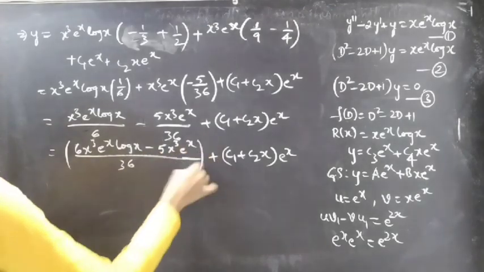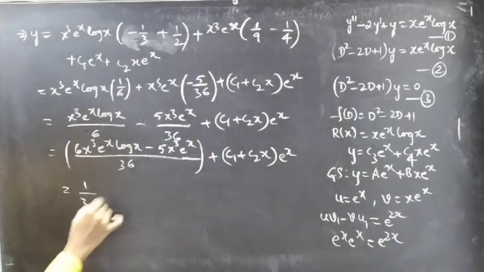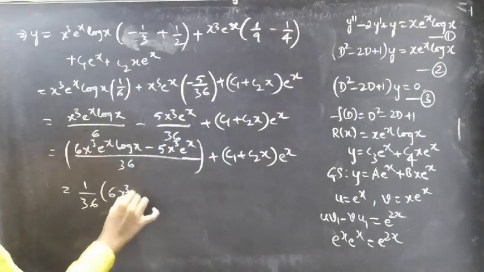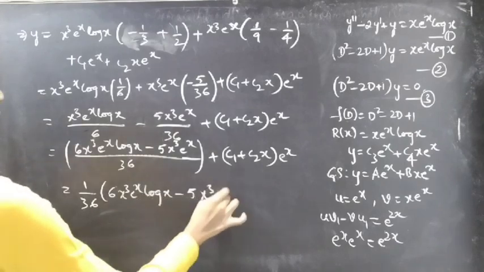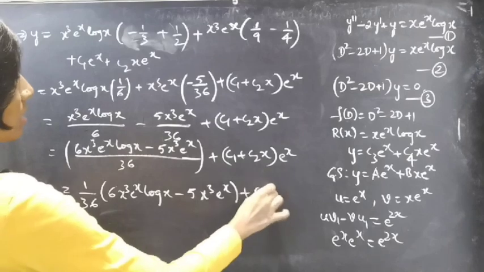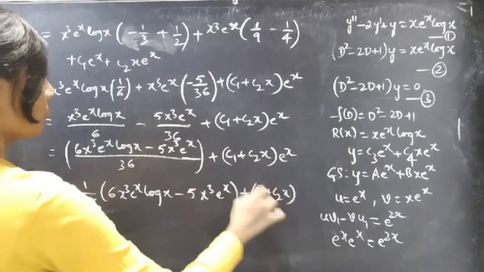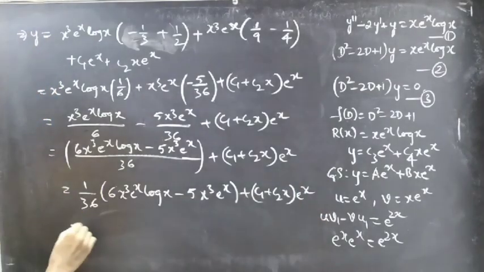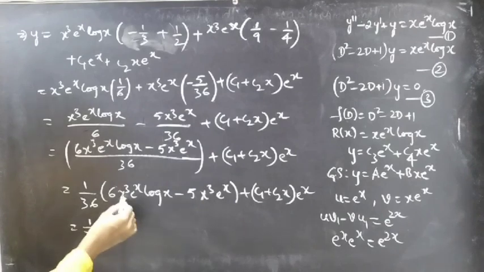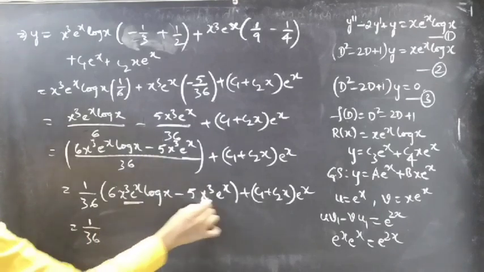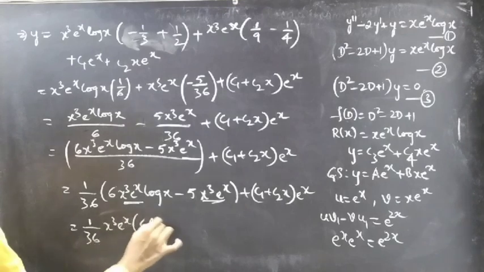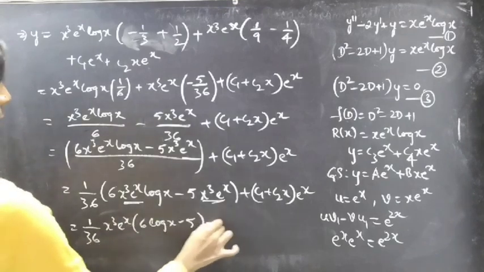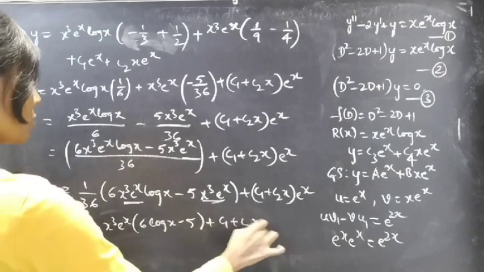Now split this fraction as 1 by 36 of 6 x cube e power x log x minus 5 x cube e power x, plus c1 plus c2 x into e power x, which equals 1 by 36 into, now take x cube e power x common from these two terms, we'll get x cube e power x of 6 log x minus 5, plus c1 plus c2 x into e power x.